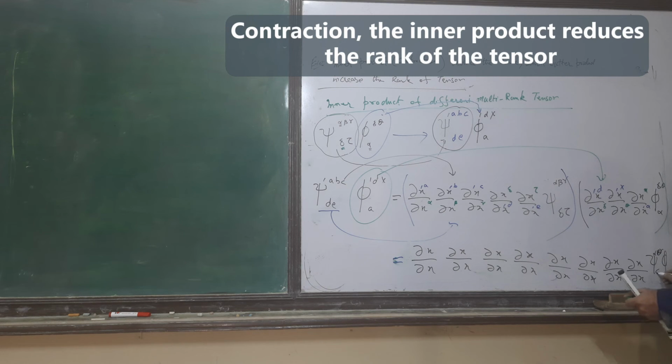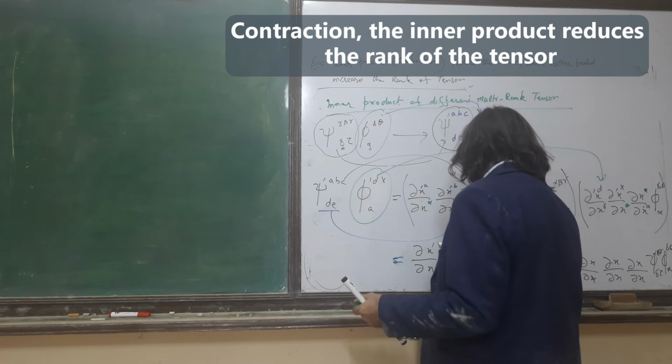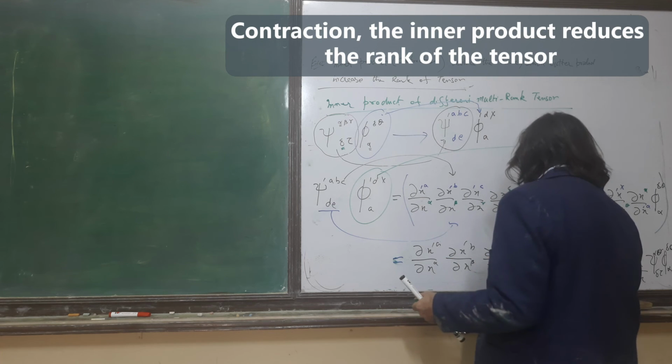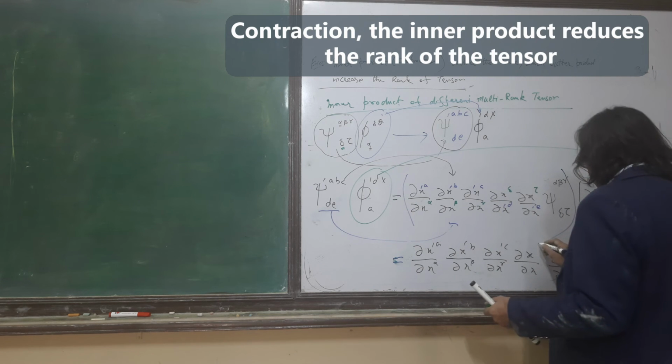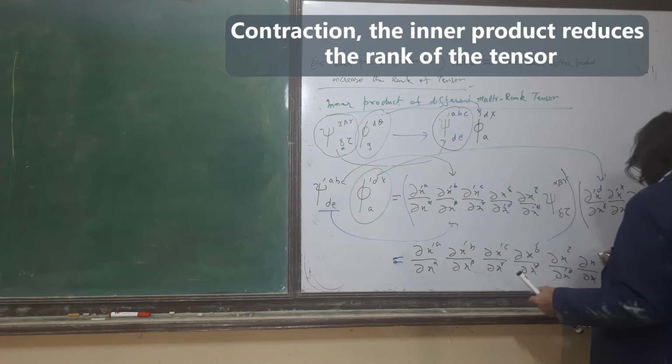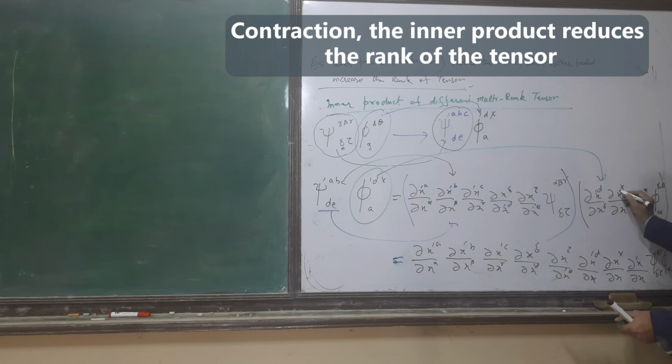Alpha, beta, gamma, sigma, tau, sigma, theta, alpha. May I write it this way? This is bar A, this is bar B, this is bar C, alpha, beta, gamma, sigma, tau, D bar, E bar, D, X, and this bar is on these, and this is dx, and alpha, sigma, theta, a bar.